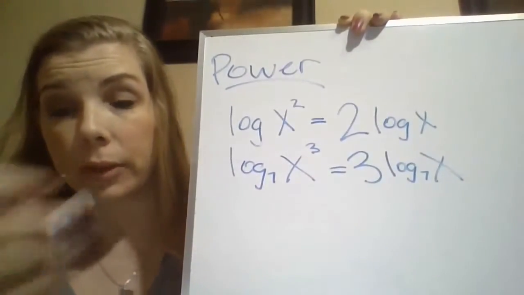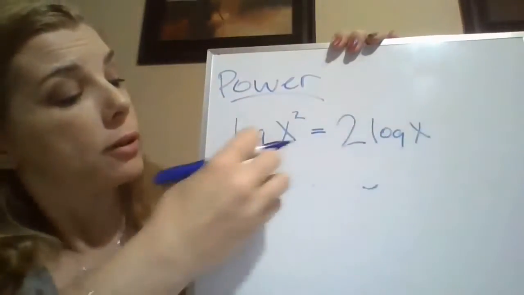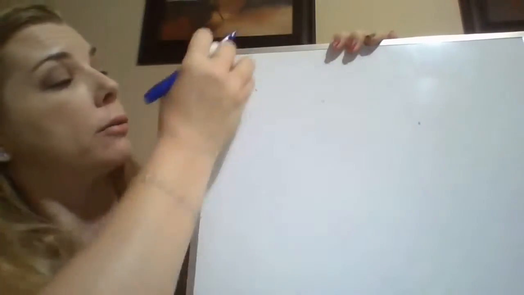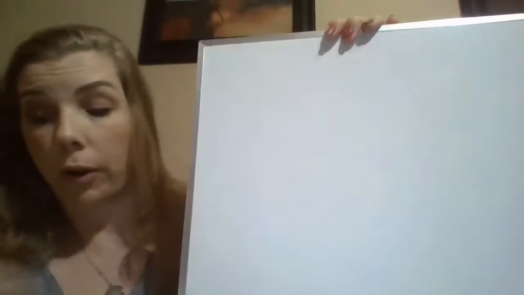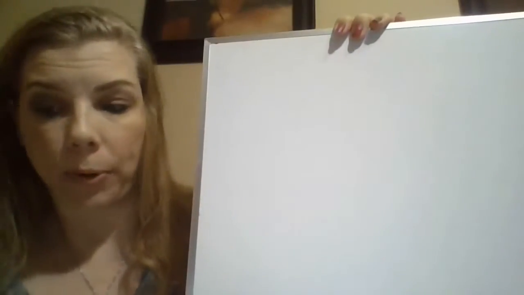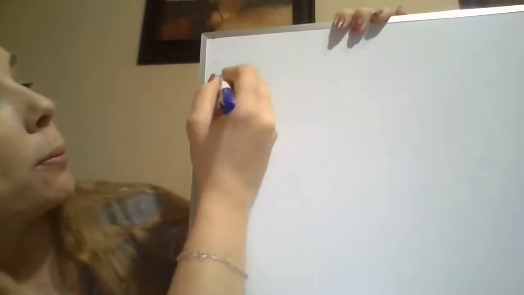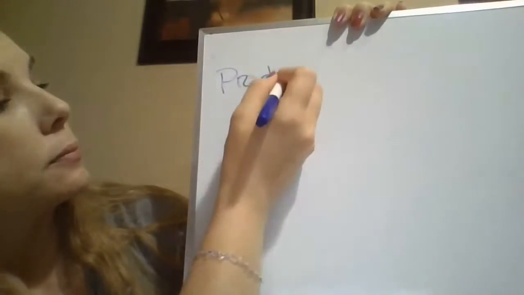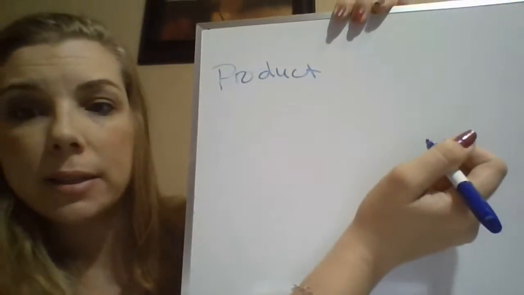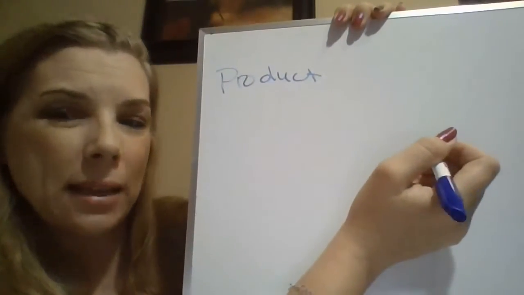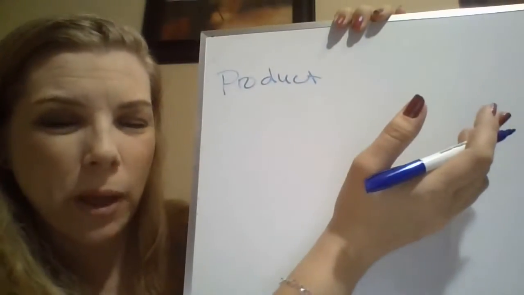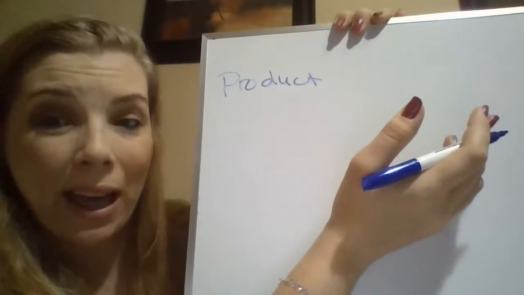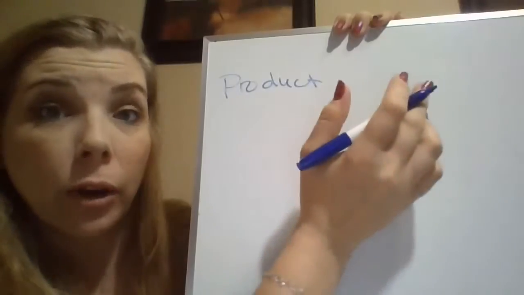R12 is just a review of all of them. Let's do a quick review of all of your properties so far. We have 3 main properties. We have the product property. That's when it says it's multiplying. Product means multiplying, but what you're really doing is adding the logarithms.